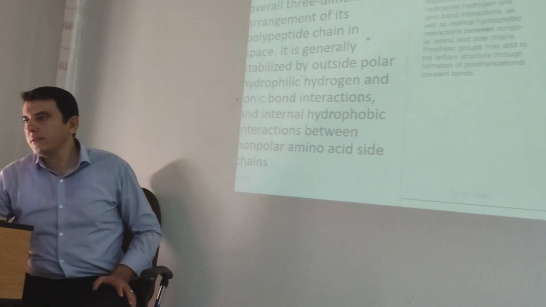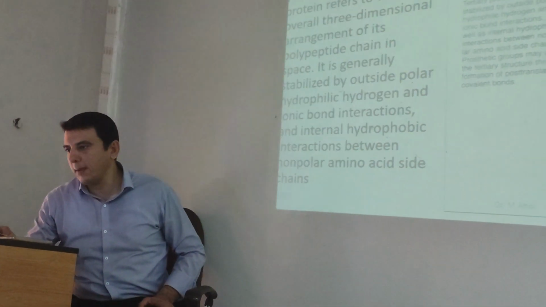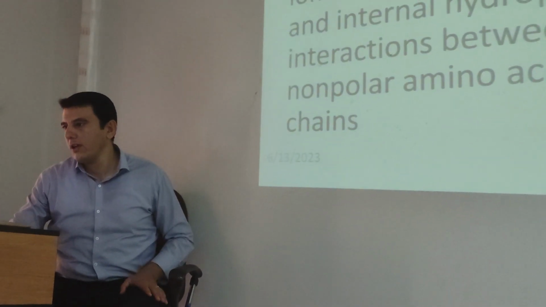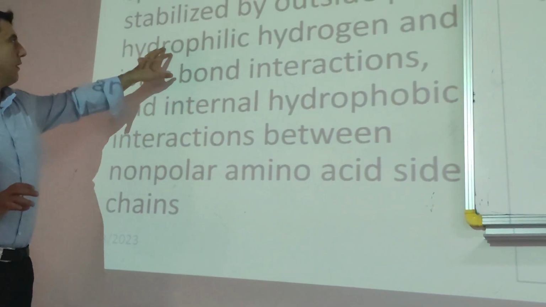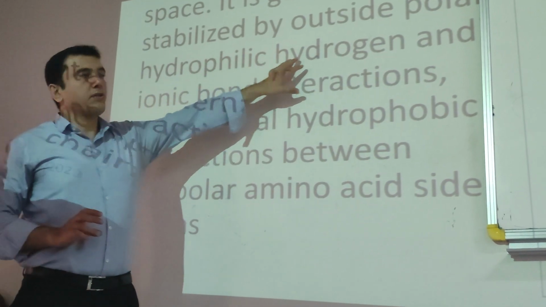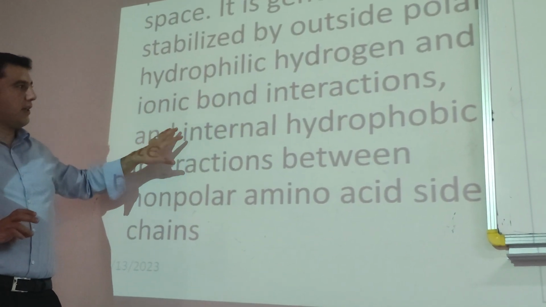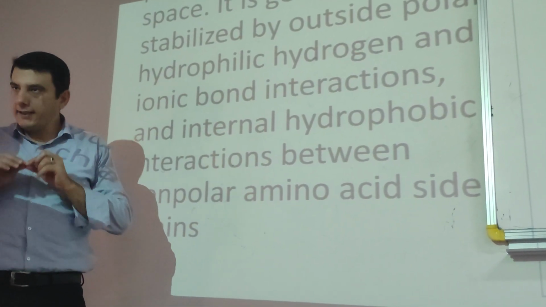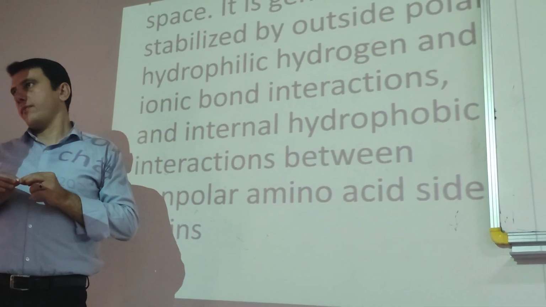The point is, what are the stabilizing interactions or bonds for this structure? And as you can see here, hydrophobic, hydrogen bond, and ionic bond interactions are the main stabilizing interactions for the tertiary form.